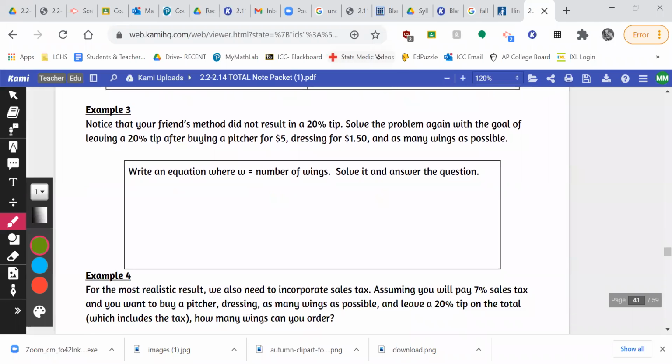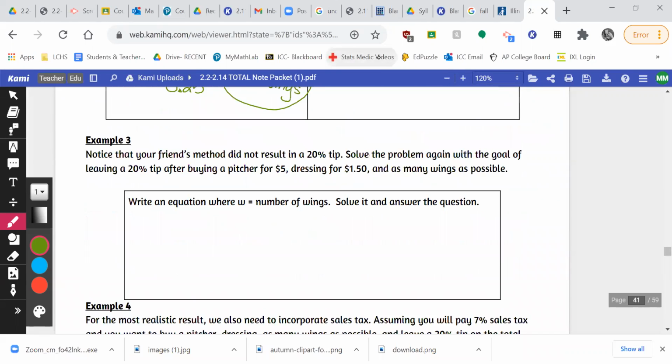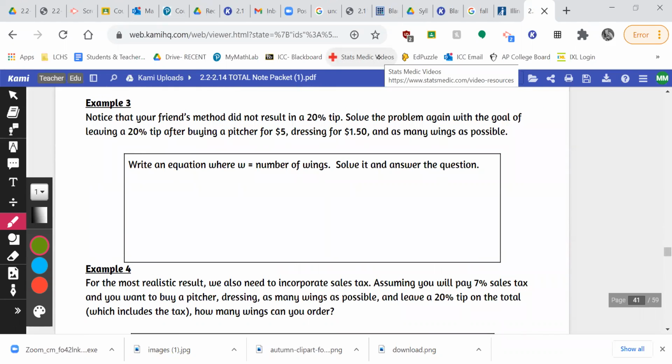Okay. For example 3, it says, notice that your friend's method, so it wanted us to go through and look at tip and everything. If we did 20%, so think back to our tax problem. If we were just finding 6% of the $2, it wouldn't be the right amount because we wanted 6% of the price before the tax was added.